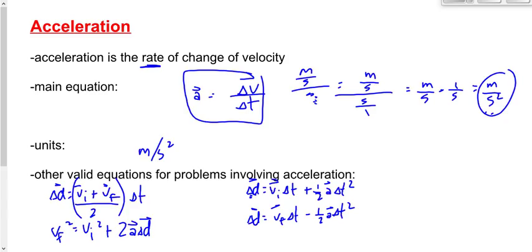vi over here would stand for initial velocity. vf down here would stand for, oh, you got it. Who is that, Maddie? Final speed. Good.